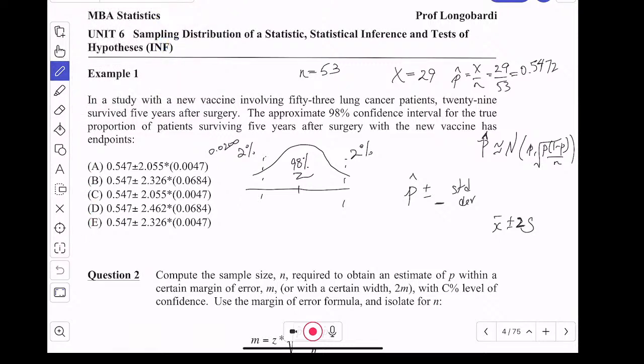So this is negative 2.05 and this is positive 2.05. So it's not two standard deviations. To be more precise, to get 98% in the middle, which is being requested here as the level of confidence, I need to be 2.05 standard deviations away.